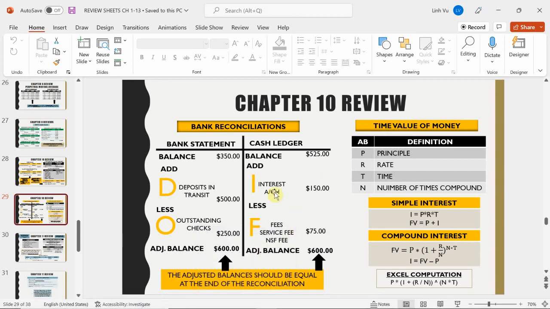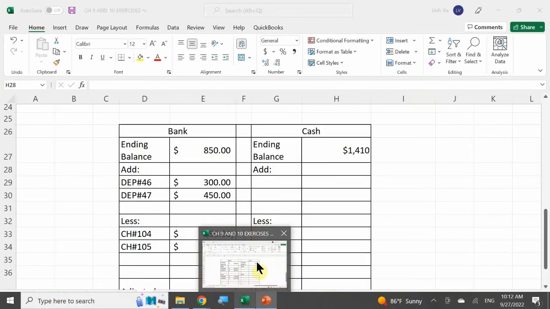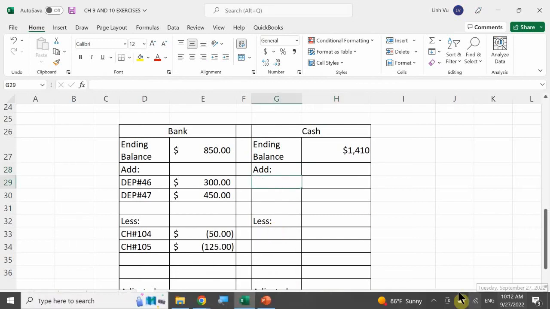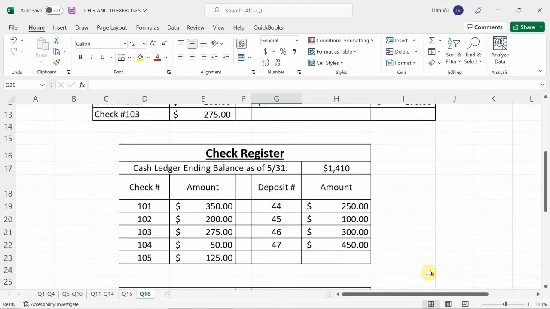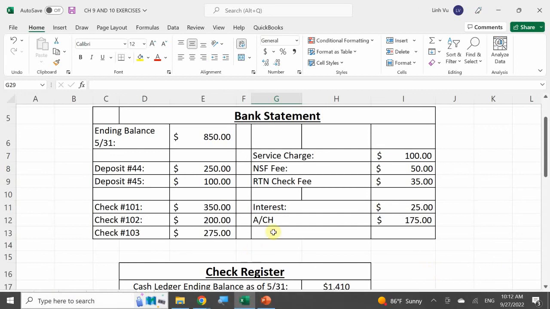Fees is something that you're going to subtract, but in this case, interest and automated clearinghouse. Right. Okay, so let's check if we even have those on our bank statement. Do we have interest and automated clearinghouse? Yes, we do. All right, for how much? $200 total, right?